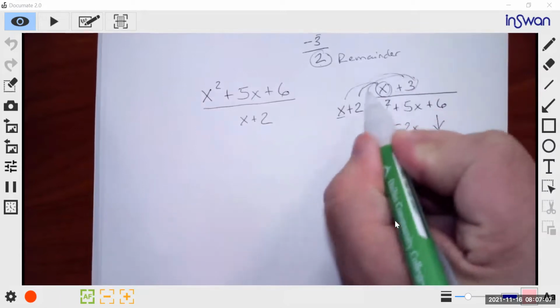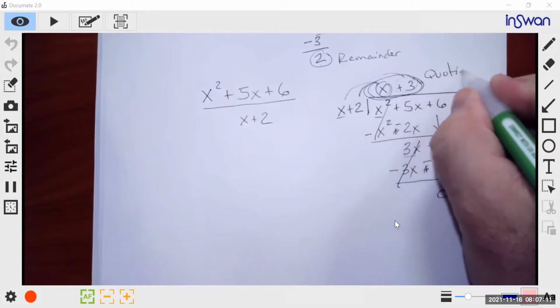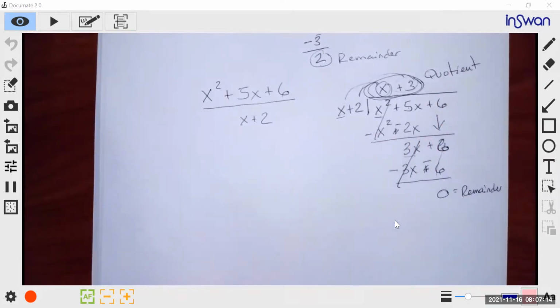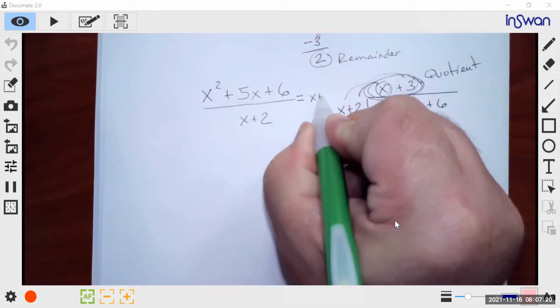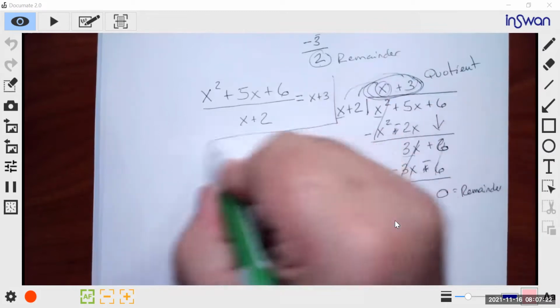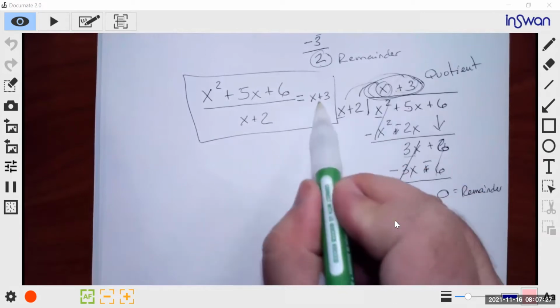Which means this thing on top is called the quotient. That's your answer to this equation. So the quotient is the answer.